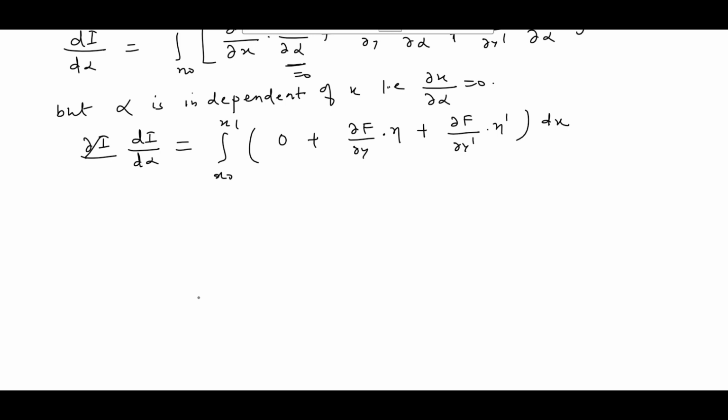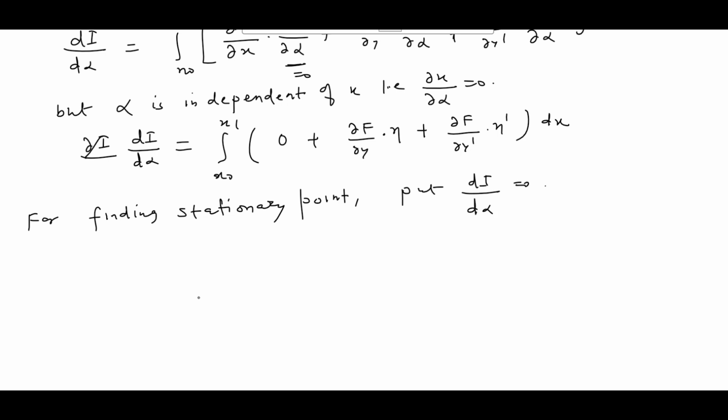So now we will use this for finding a stationary point, that is the critical point. We need to put dI over d alpha equal to 0.